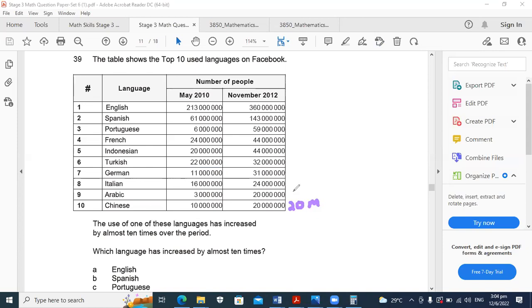The difference here is what? 17 million. The difference here, what's 16 from 24? 8 million. What's the difference of that? 20 million.